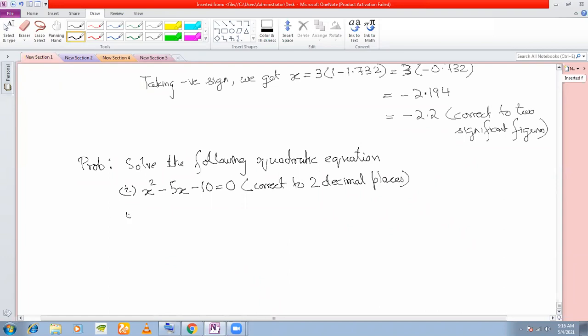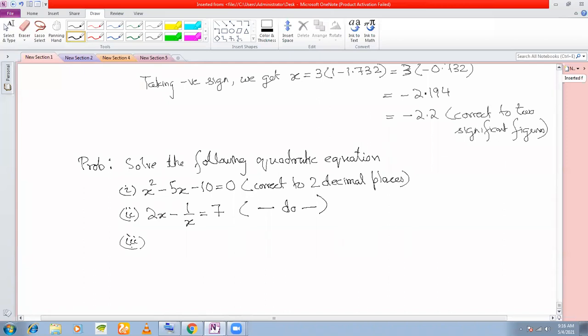Okay, the next one is 2x minus 1 by x equal to 7. This also you will find correct to 2 decimal places.